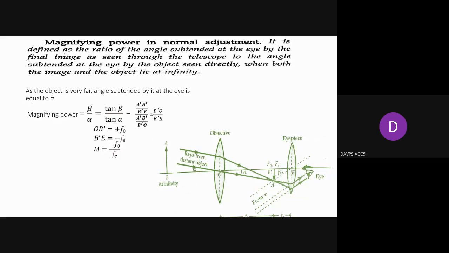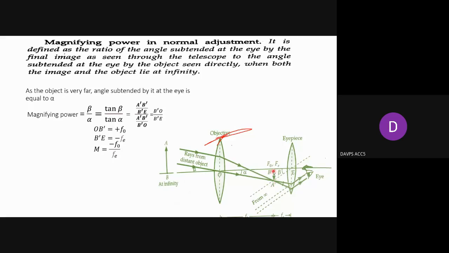Look here: this lens is the objective lens, and the rays are coming parallel here and after refraction they meet at A dash B dash. This is the same case as the distinct vision case.